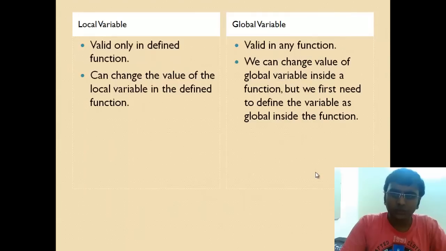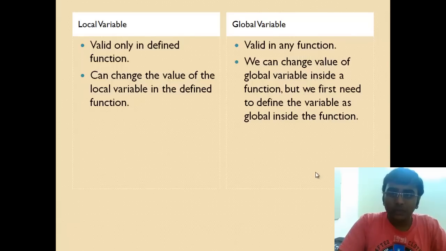Then moving on to a few differences between local variable and global variable. A local variable is valid only in the defined function. So if I define a value in function 1 and I want to access it in some other function, then I cannot do that, because that variable is local to the previous function and it cannot be used in other function.